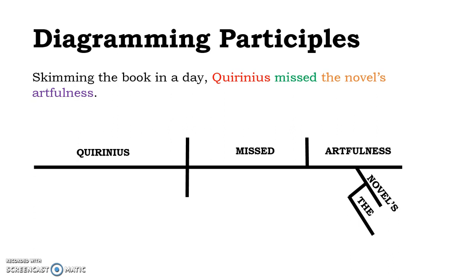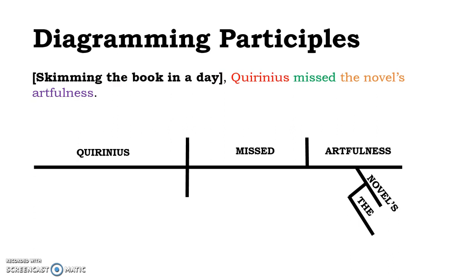Skimming the book in a day. So this is a participial phrase, and if I take it as a whole, I start color coding it, I can note that skimming here is my participle. So I put it on the participial slope beneath Quirinius, because it's telling me something about Quirinius.